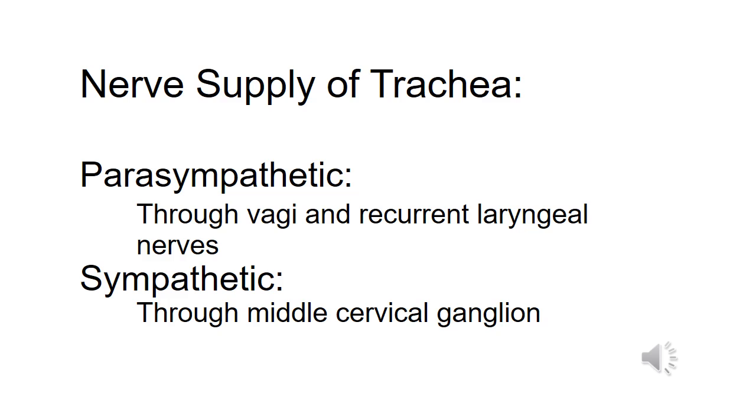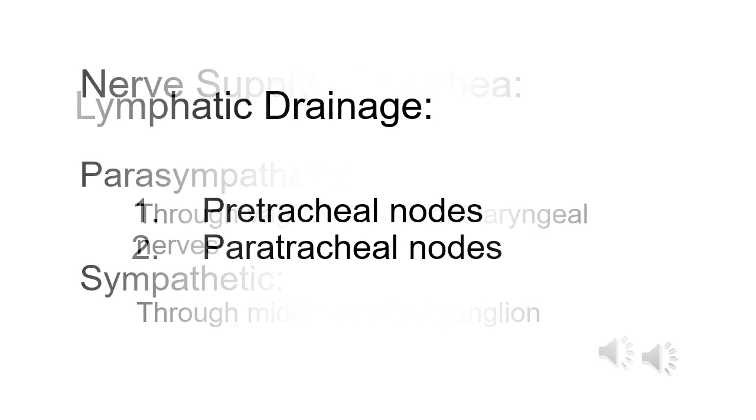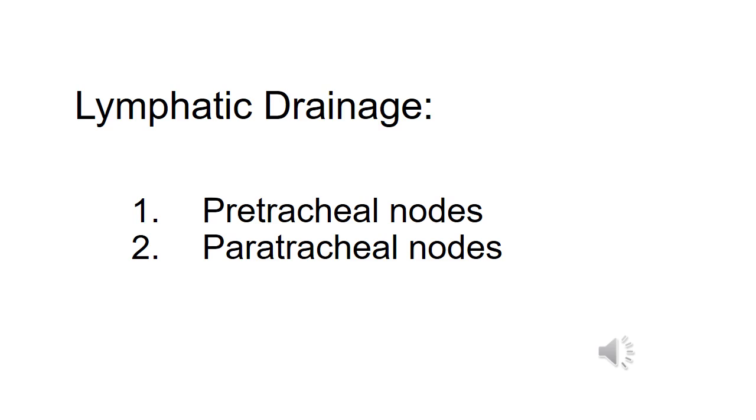Sympathetic supply to the trachea is from the middle cervical ganglion, which reaches trachea along the inferior thyroid arteries. Lymphatics from the trachea are drained to the pretracheal and paratracheal nodes. That's all about the trachea.